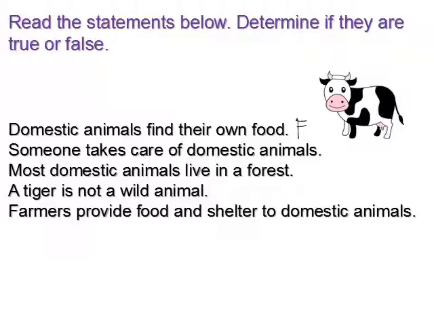Read it for me, Rasha. Someone takes care of domestic animals. Is this true or false? True. Excellent.